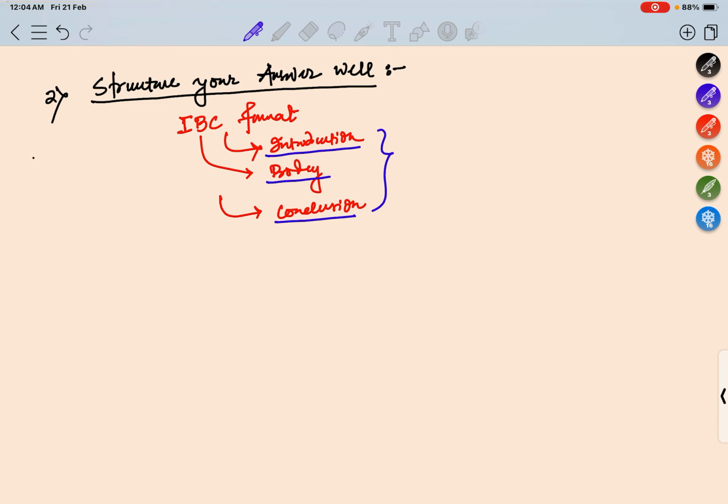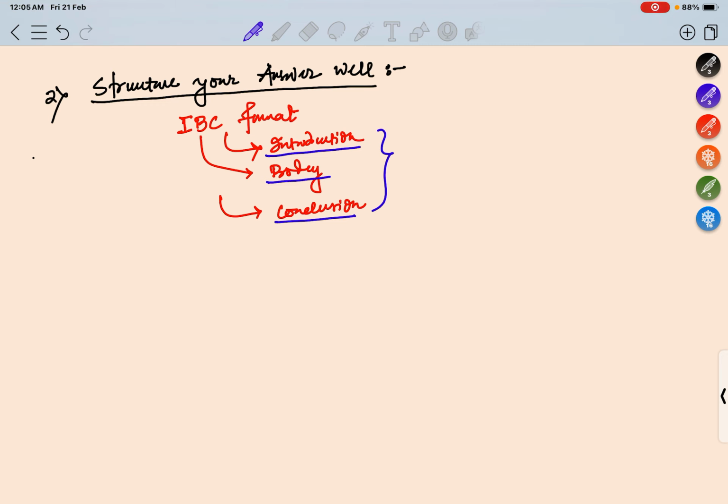A good answer must have these three things. Suppose your introduction is very good, your body is very good, but your conclusion is not good, then you will not fetch good marks, or you cannot impress the examiner. So to impress the examiner or to get good marks, you should definitely have these three things in your answer.